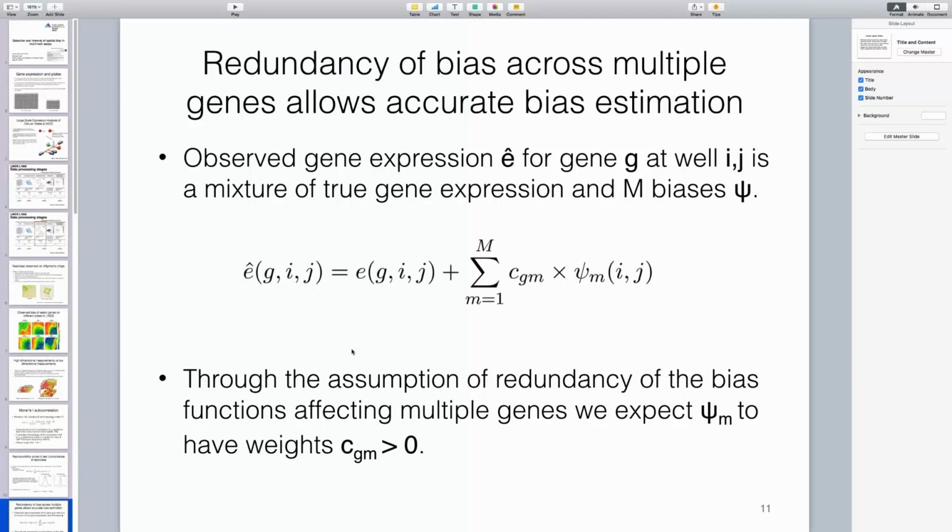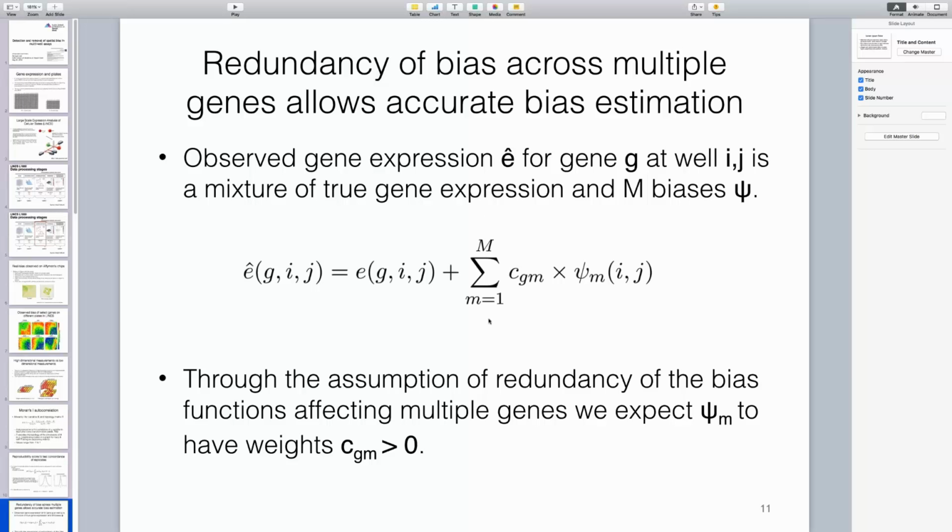This bias is weighted for this gene G by a parameter C. As you can see, this weight is constant for all the wells, so C is not dependent on I and J. But then we have this class of functions that are functions over the location of the plate.